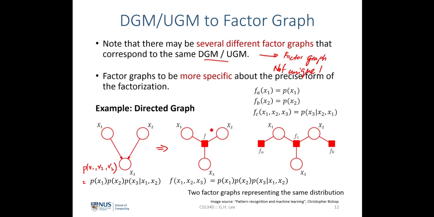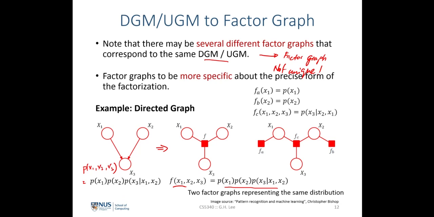One way to do it would be given by this factor graph, where we simply lump all the random variables together into one particular factor of x1, x2, and x3. We can simply write this factor as the joint probability distribution, the factorized joint probability distribution that we've seen in the original directed graph.